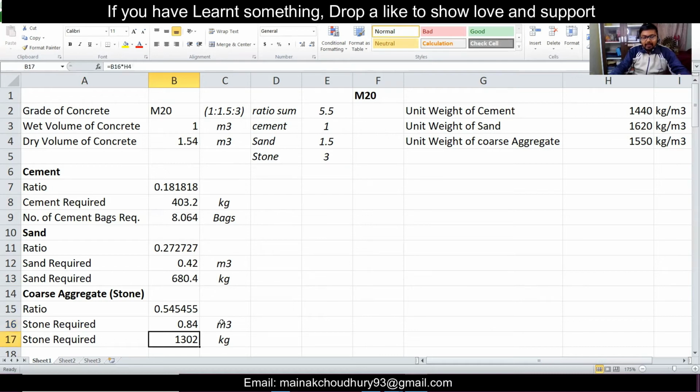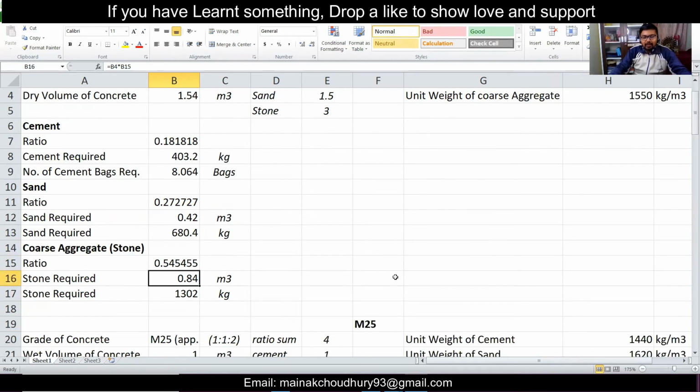And if you are finding this in kg, simply multiply 0.84 into 1550 kg per meter cube, and you will find the total quantity in kg. So for M20 grade concrete, the number of cement bags required is 8.064, sand required is 0.42 meter cube, and stone required is 0.84 meter cube. Similarly, you can find for other grades.